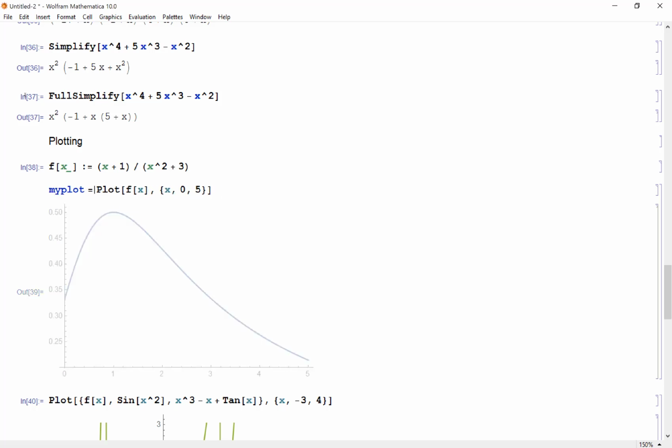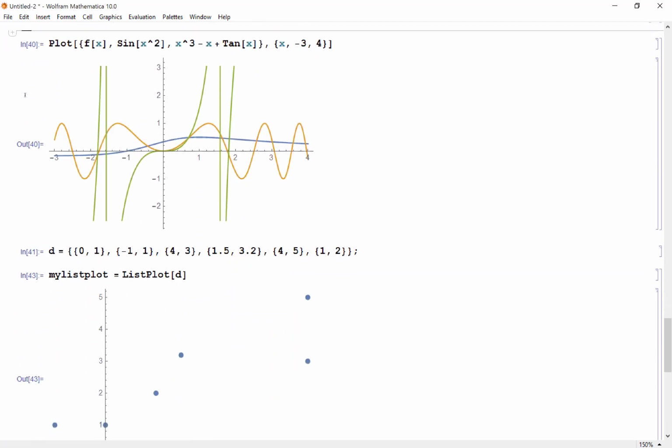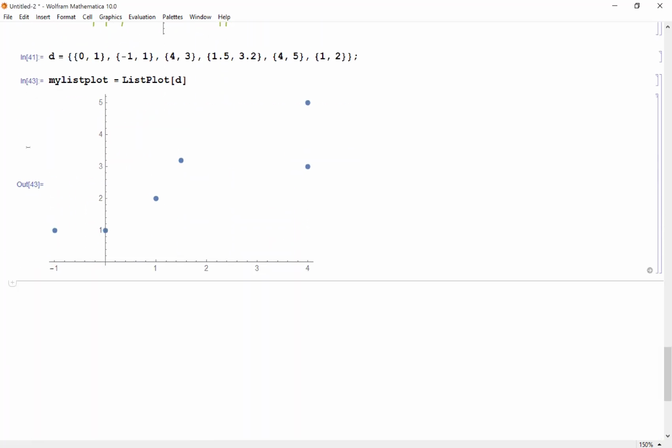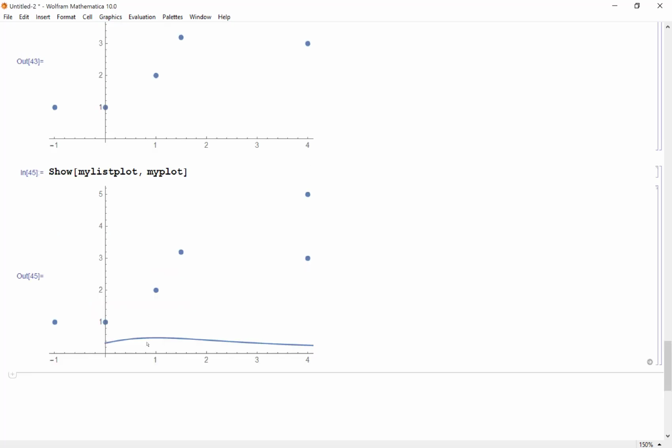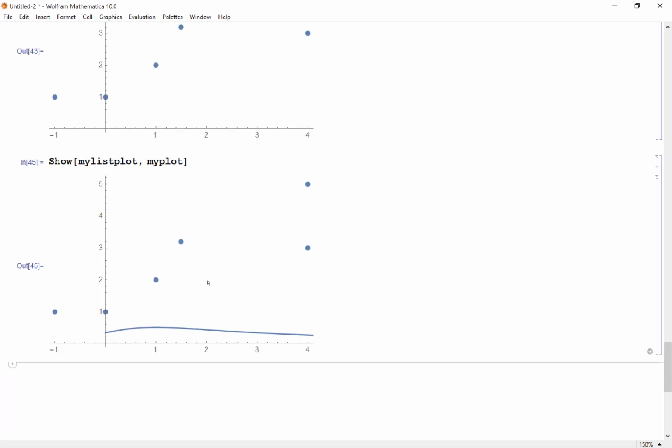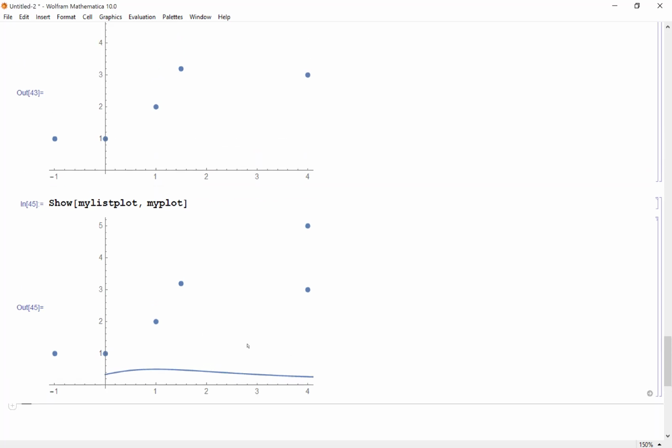I want to show that plot and my list plot together. The way you can do that is by using the Show function, and you just call them by name. So I want to show my list plot and my plot, just like that. There are my two plots together. Depending on your data set and your function, they may match up a little bit better, but that's just the example we picked.